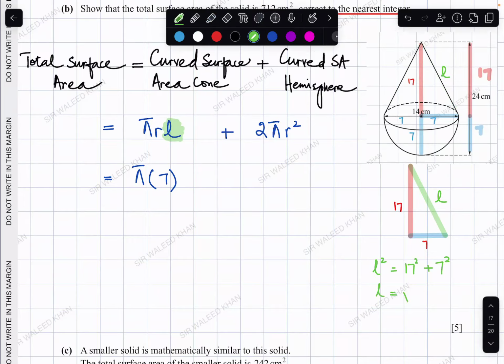L is equal to under root of 17 square plus 7 square, which is under root of 338, which is 18.385. Take as many decimal places as you can. So 18.385 is the value of the slant height.